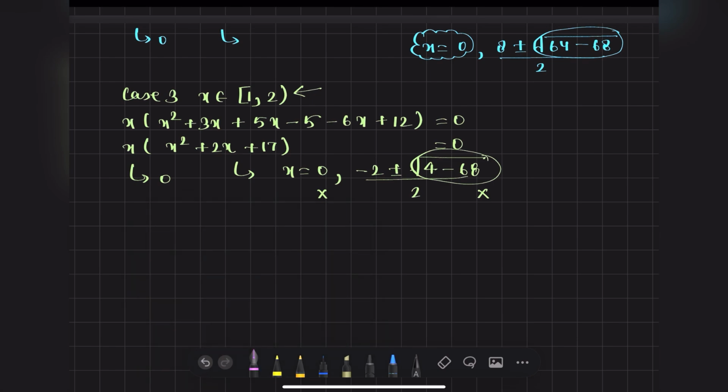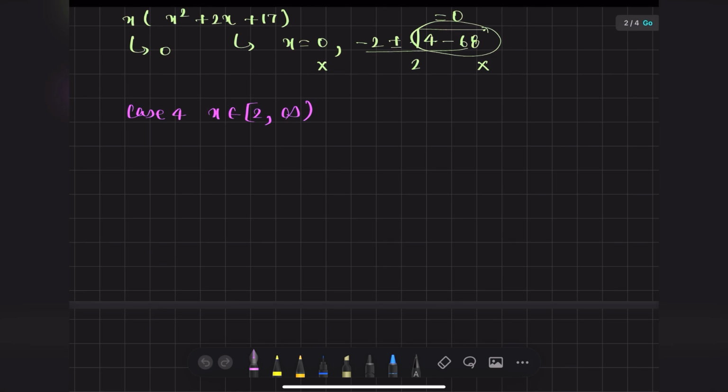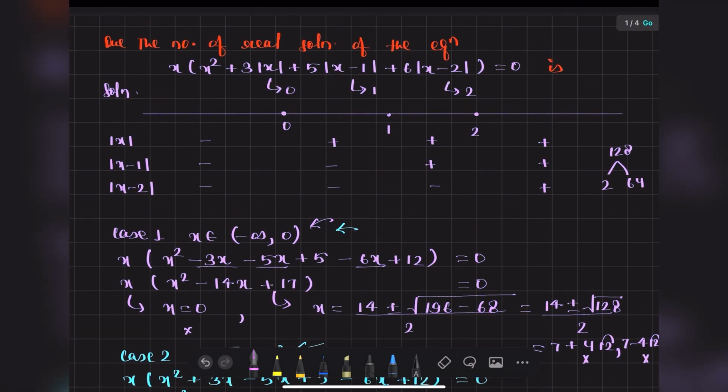Now we will continue with the next part, case 4. So it is x belongs to 2 to infinity. Now everything will open with positive sign in this range. So it is x square plus 3x and 5x minus 1, it was there.